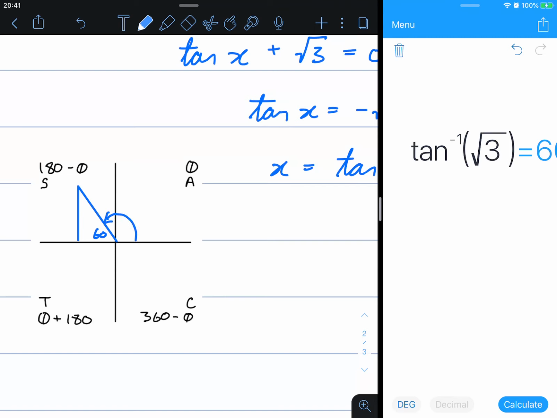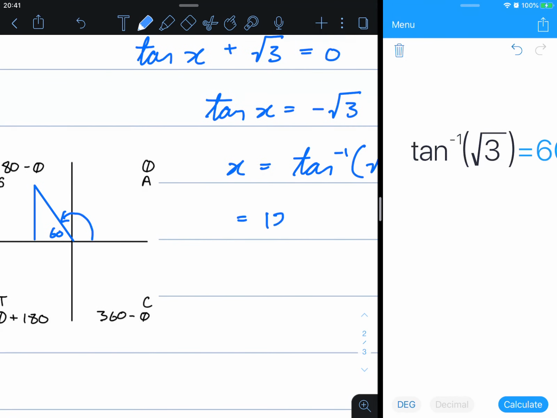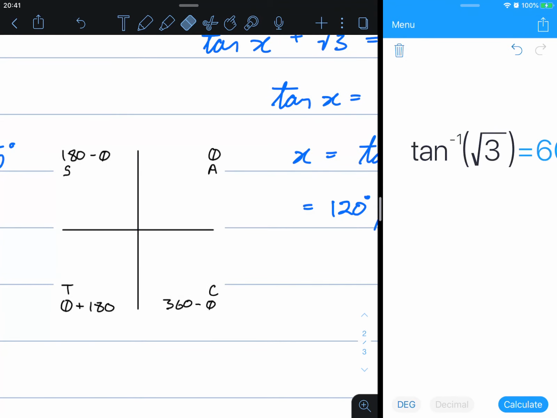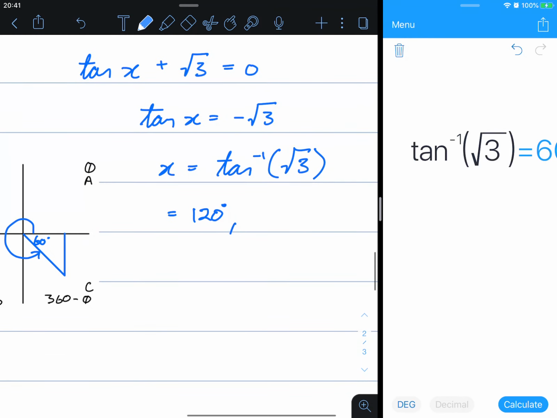So that's going to be 180, take away 60, that's 120. And we want it in this quadrant here, where that's 60 degrees. But remember, always measuring from the initial. So that would be 360, take away 60, which is 300.